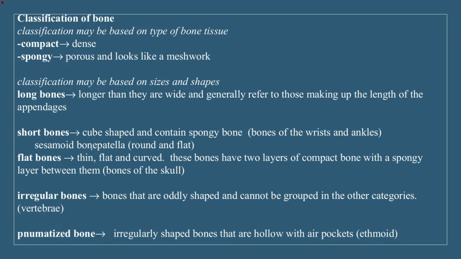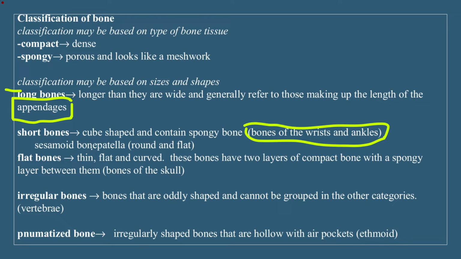So when we talked about the classification where we had appendages making up the long bones, I think I didn't give examples. Short bones, well, I think we looked at them, but we got the carpals and the tarsals. Flat bones, the bones of the skull. Irregular bones, vertebrae. I didn't give you this one, pneumatized bone.